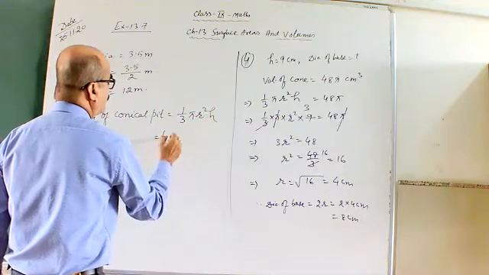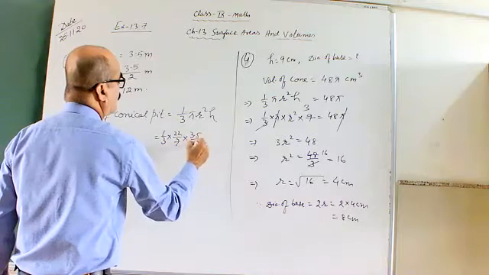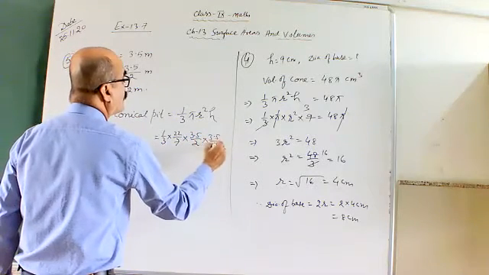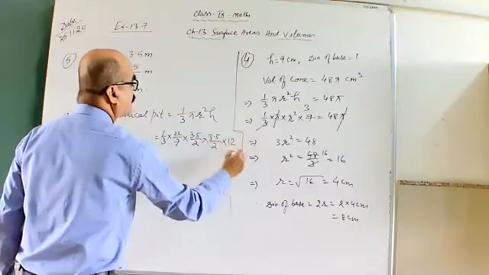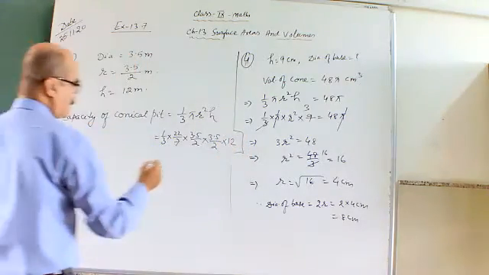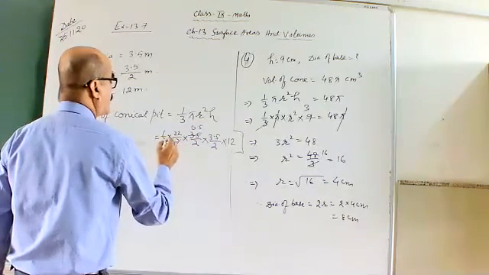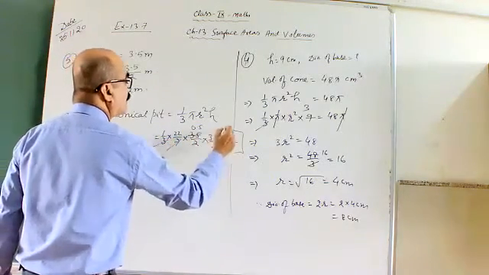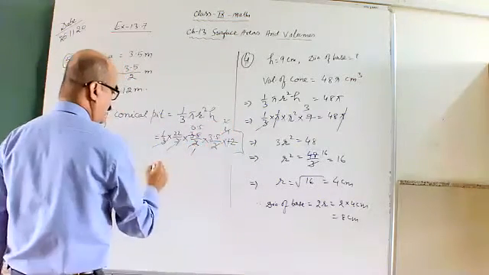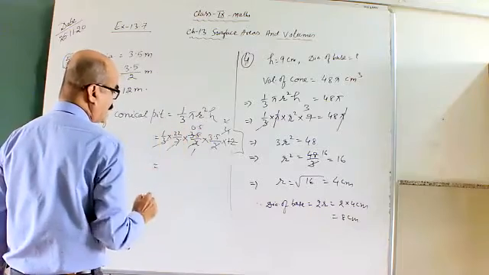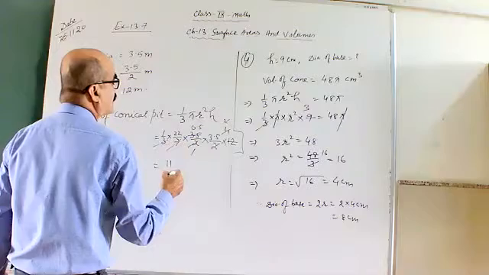So 1 by 3, value of pi is 22 by 7, r is 3.5 by 2 into 3.5 by 2, and h is 12 meter. Then solve this. 7 5s are 35 and 3 4s are 12. 2 ones are 2, 2 twos are, these 2 and 2 cancel. So this is 22 into 0.5, that is 11.